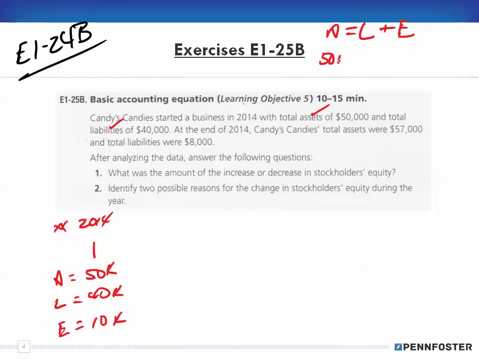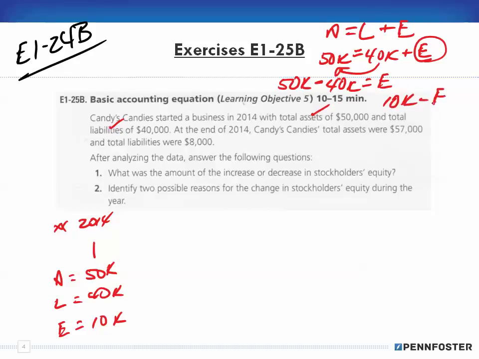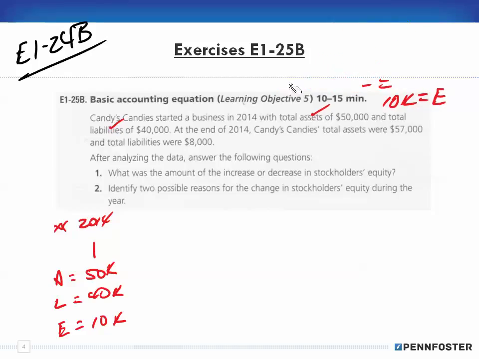So if I have 50,000 is equal to 40,000 plus my equity, to isolate the equity, I move the 40,000 across the equal sign, and when I do that, I change the sign from a positive to a negative. So I have 50,000 minus 40,000 is equal to the equity. So 50,000 minus 40,000 is my 10,000 in equity. So that's when I start the business in 2014.